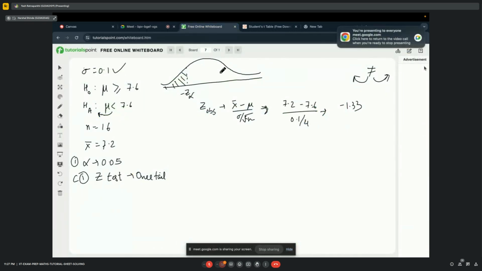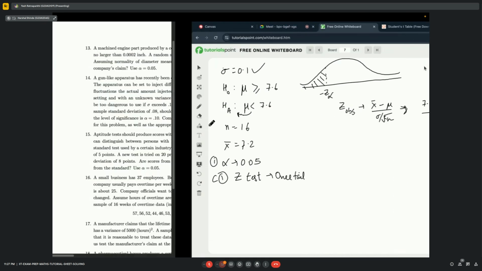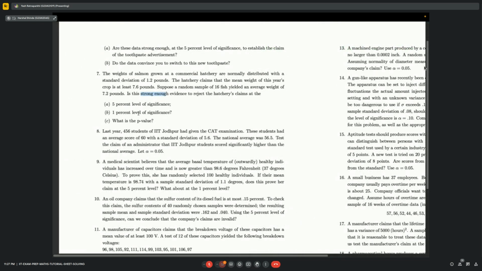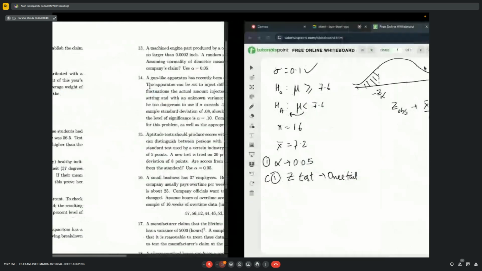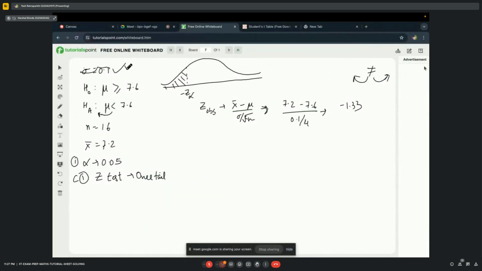Standard deviation should be 1.2 rather than 0.1. Why so? Read in the question, 1.2 pounds. Standard deviation is 1.2 pounds. Oh, got it. My mistake. Thank you so much for correcting this.